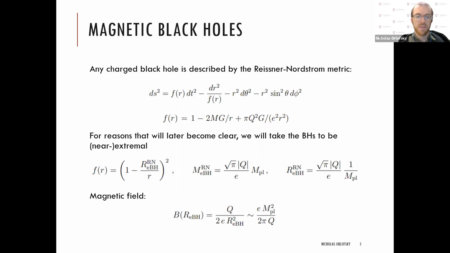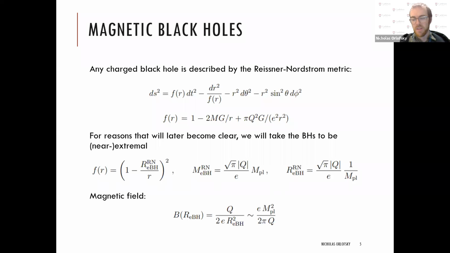And when this happens, there are a lot of interesting properties. The temperature goes away, and a lot of other things happen, but for now the main thing to note is that when I go to this limit, there's a really strong magnetic field outside of the black hole. If you look right next to the horizon, as the charge is decreasing, the magnetic field is growing, and that's because the radius is directly related to the charge.